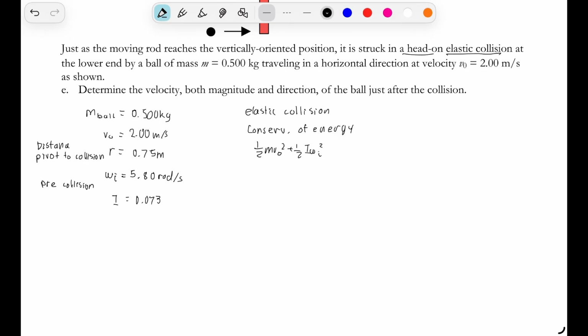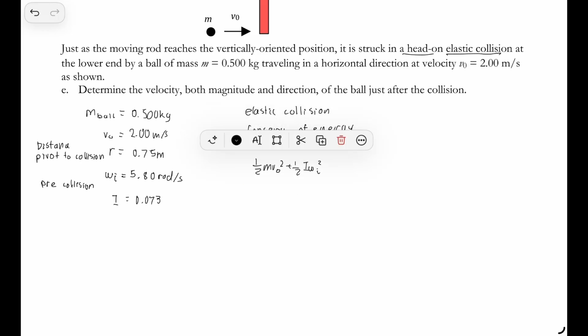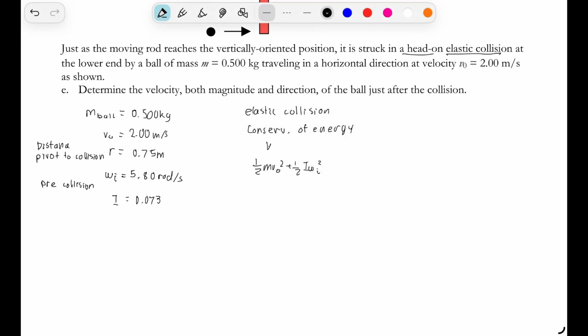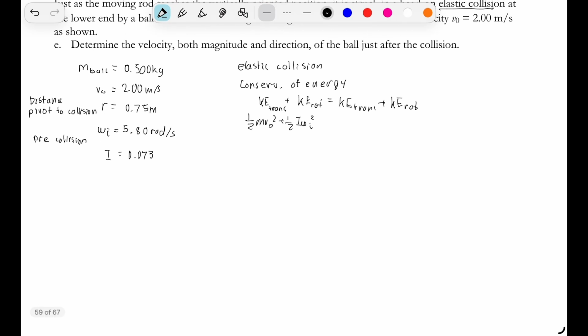So we have translational kinetic energy plus rotational kinetic energy equal to translational kinetic energy plus rotational kinetic energy afterward, just in different amounts, so some of it will be transferred to the other form.